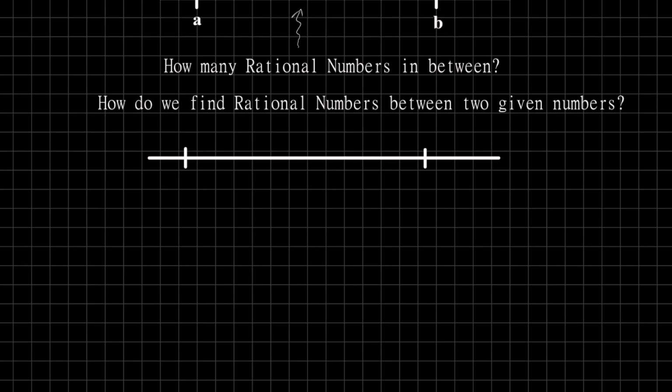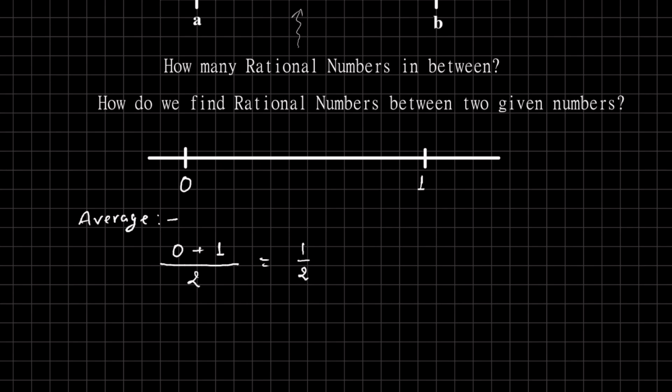Let's take two integers 0 and 1. If we take their average, what will we get? In order to take the average of two numbers, we first add them and divide by 2. We got 1 by 2.